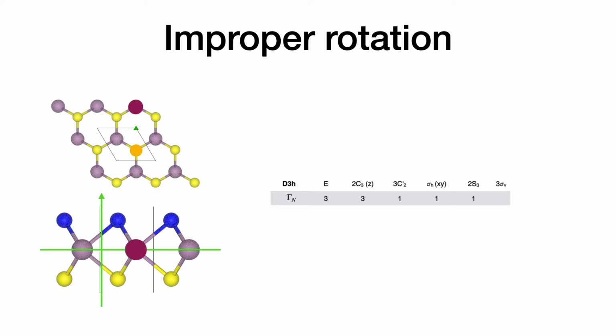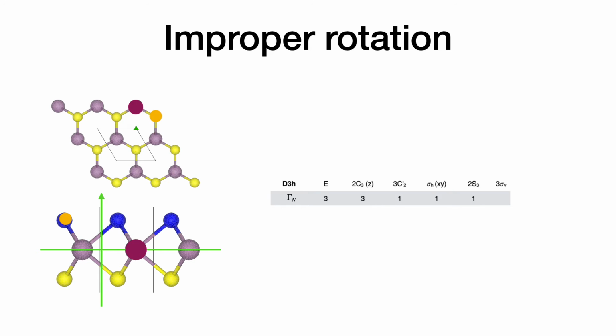And then for sulfur, the sulfur is going to be rotated here, but then because it's an improper rotation, it is going to be shifted to the other side. So it's going to do this for rotation and up for the mirror plane. In other words, the sulfur atoms are moved to an inequivalent position under the S3 axis. The yellow atom becomes blue and the blue becomes yellow, so they are not equivalent. But the molybdenum atom moves into an equivalent position, itself. So we have a 1, only one atom does not change.